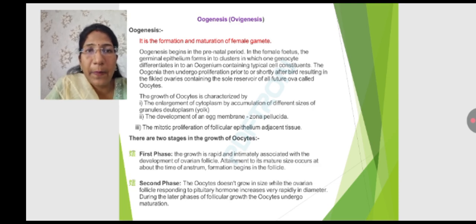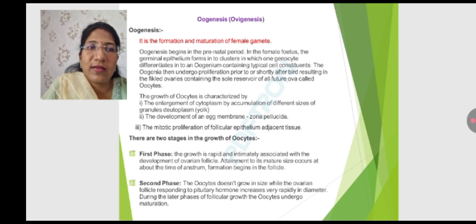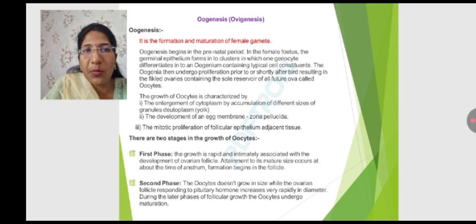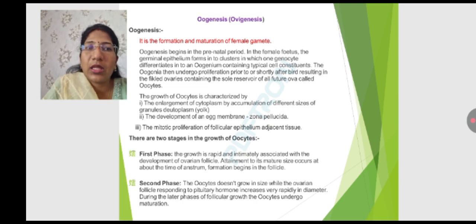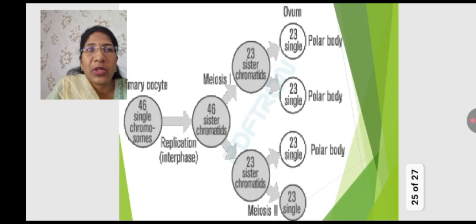In the second stage, the oocyte does not grow in size while the ovarian follicle, responding to pituitary hormones, increases very rapidly in diameter during the latter phase of follicular growth, and the oocyte undergoes maturation. And this is also a diagrammatic representation of oogenesis.